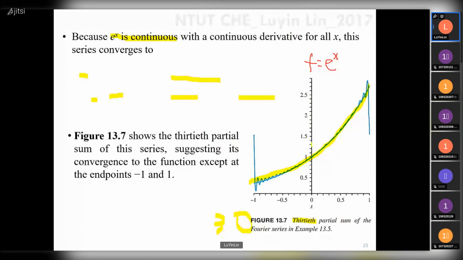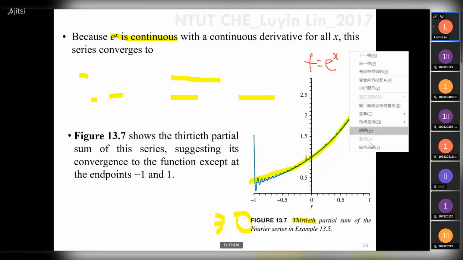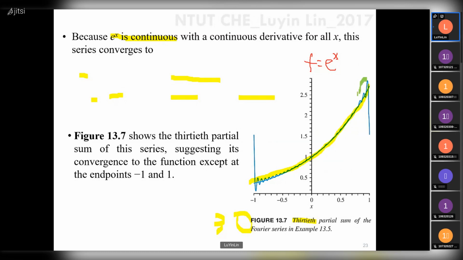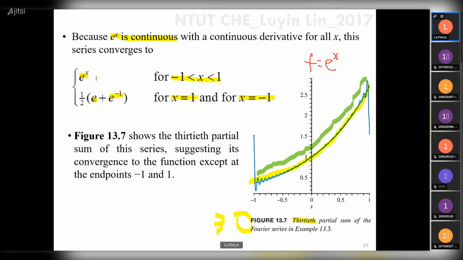First, you can find that in this range, the curve is similar, right? Because this range, from -1 to 1, with no equal sign, converges to exponential x.